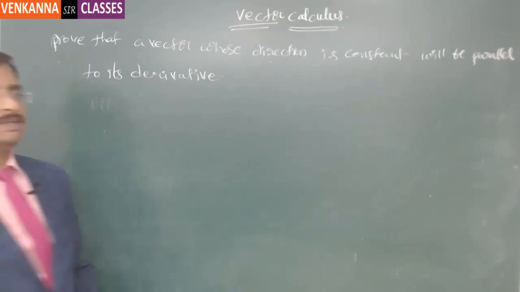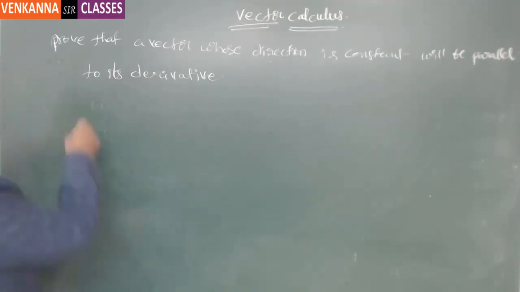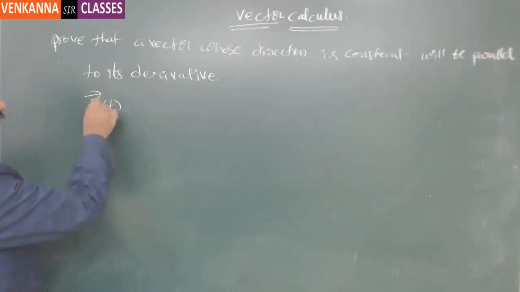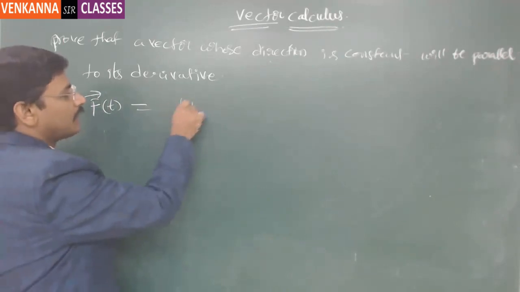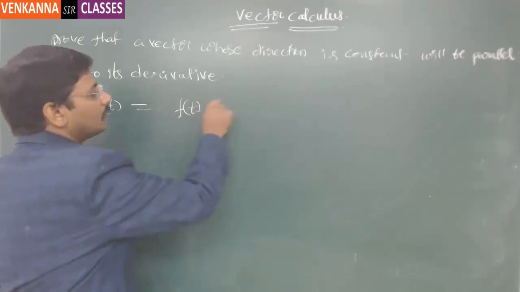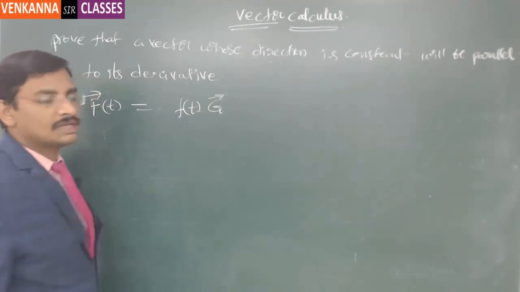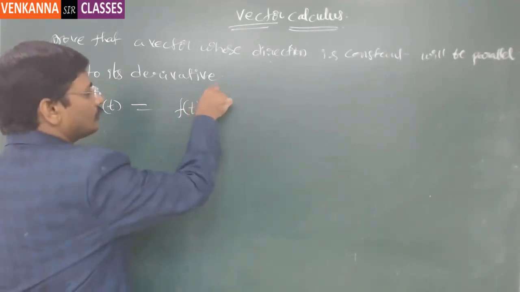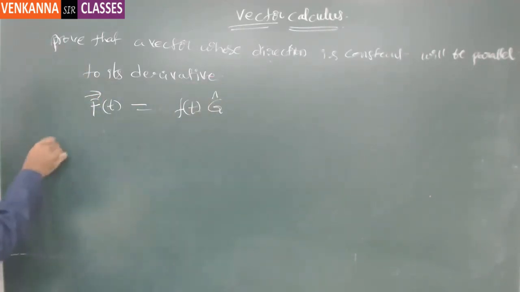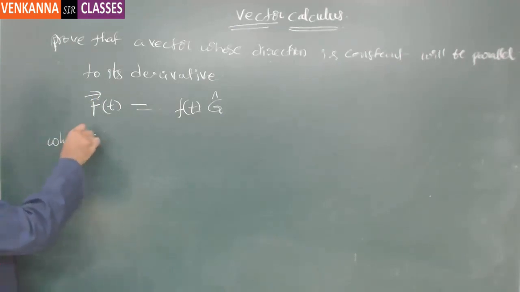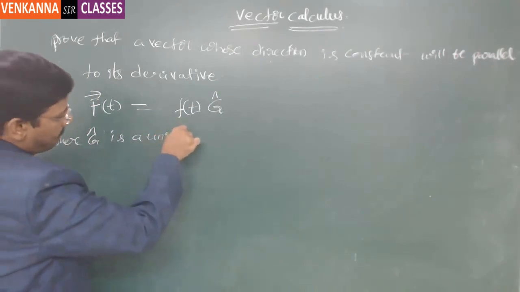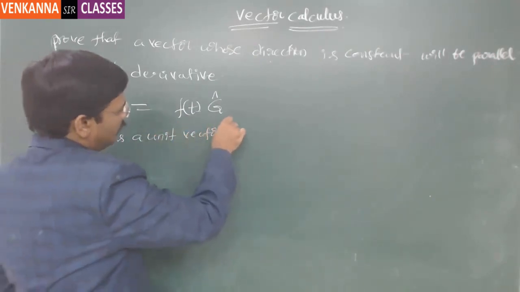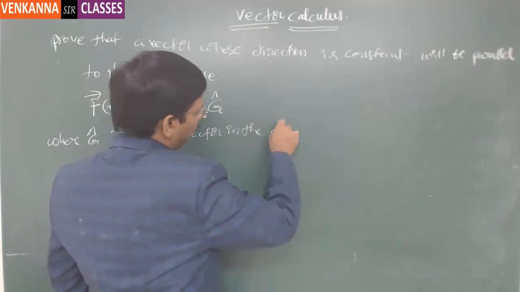Okay, so let me solve this. See this. Let us say there is a vector f, and this vector is a function of t. This vector can be expressed as its magnitude f of t multiplied with a unit vector g cap, where g cap is a unit vector in the direction of f.